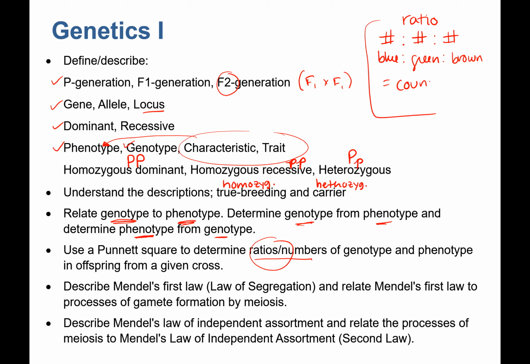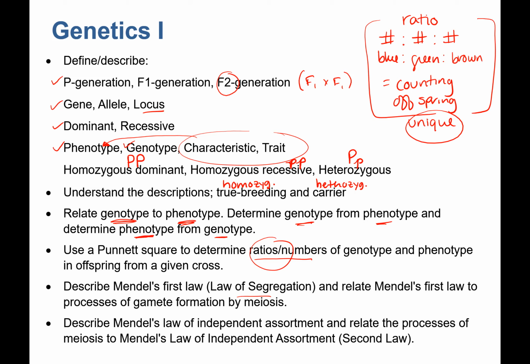So you're just counting offspring. And you can count offspring phenotypes and get a phenotypic ratio, or you can count the genotypes and get the genotypic ratio. Right? And these are for the different unique phenotypes or genotypes.